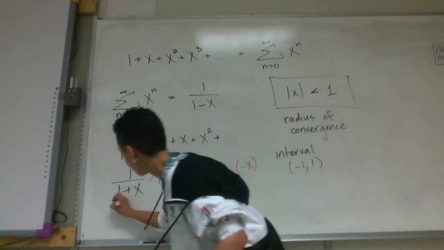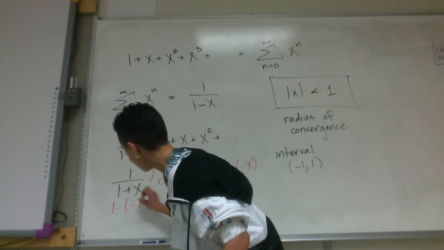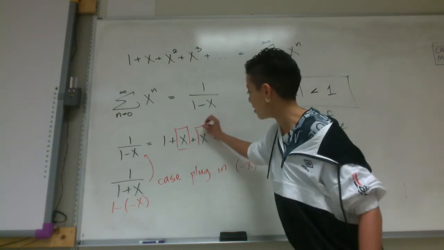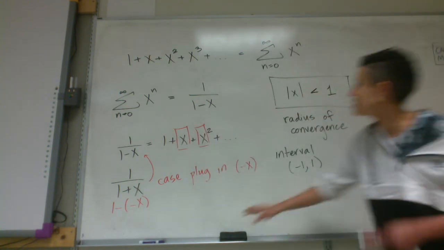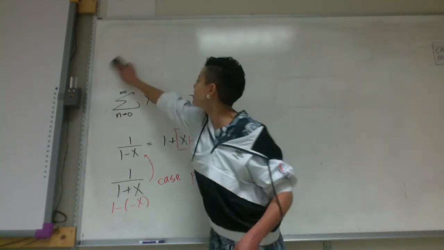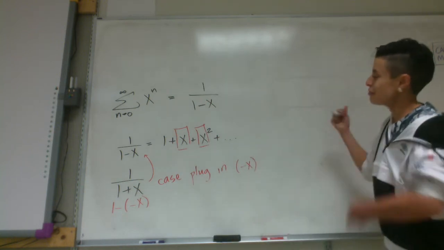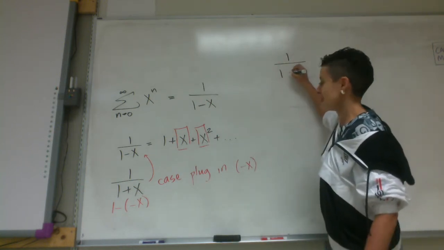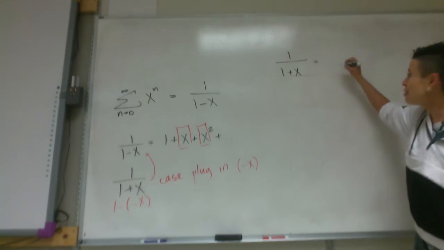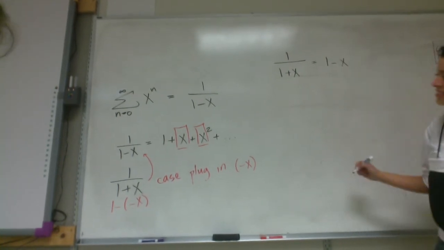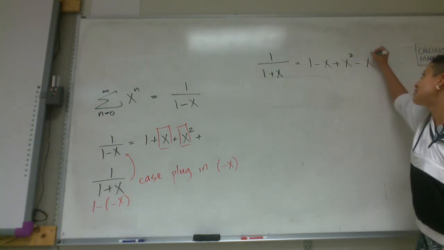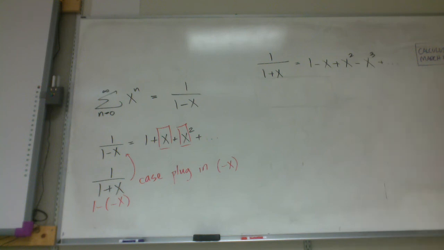So this is 1 minus -x here. And so if I now go up here and replace each x value with a -x, I've actually derived a new series in which I can say that 1 over 1 plus x is equal to 1 minus x plus x squared minus x cubed plus, and that can go on to infinity as well.